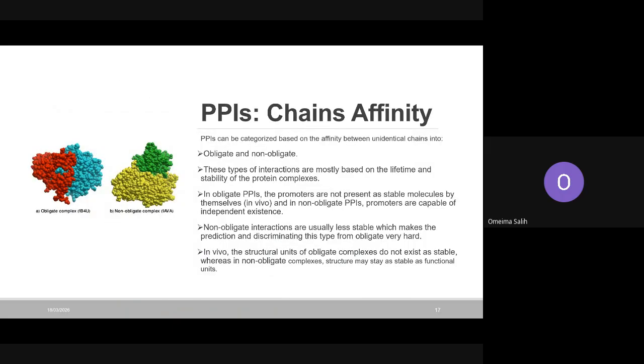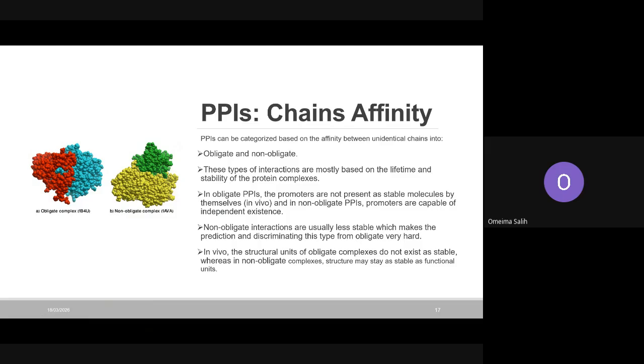Chains affinity is either obligate or non-obligate. So from the diagram here, you can see the obligate, they are interacting and there is a strong association between them. And again, this association means that they have a longer lifetime and they are more stable.